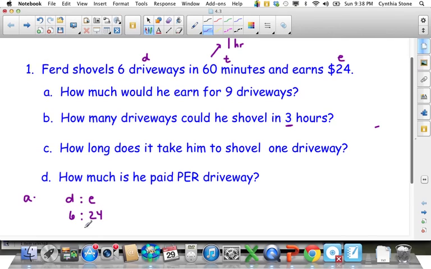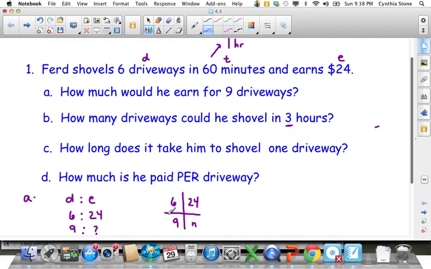But we want to know, what if he does 9 driveways? So we can treat it like we have so far in the course, making a little T-chart and saying 6 to 24 is 9 to, I don't know, n, I guess we've been using.